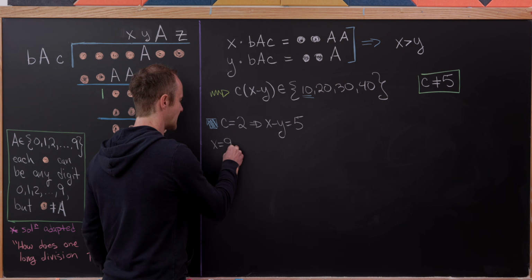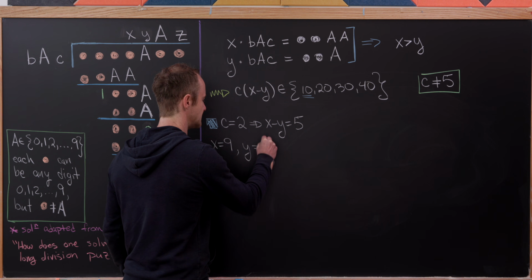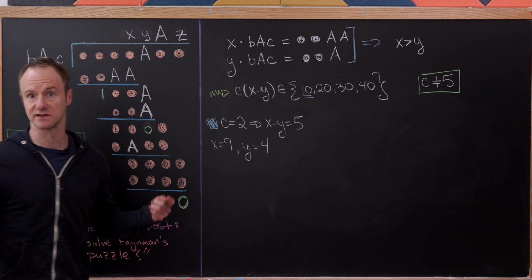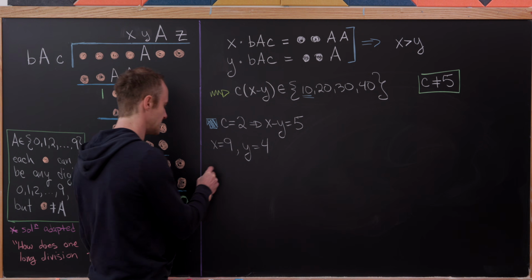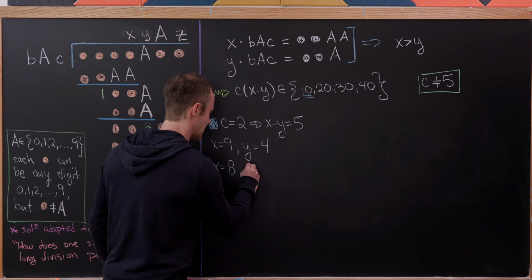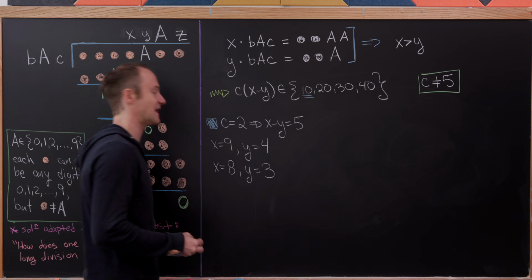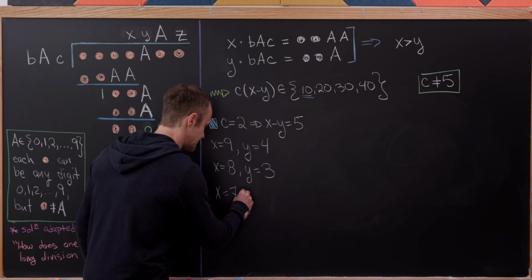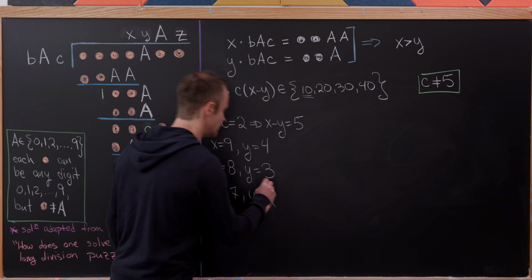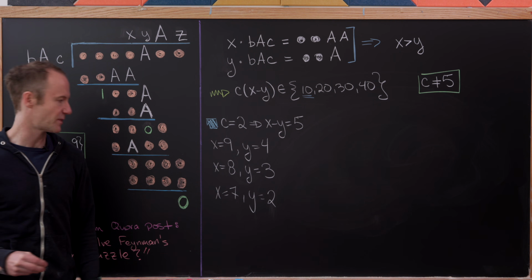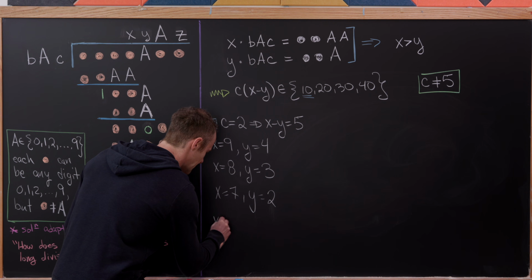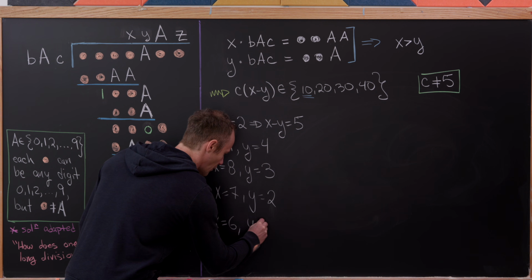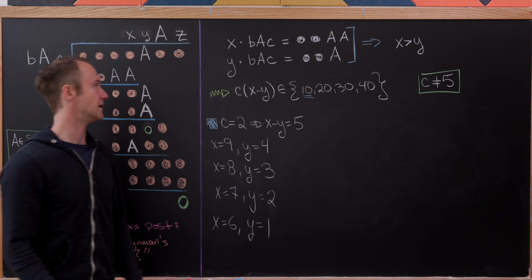So we can have x is equal to 9 and y is equal to 4. That difference is obviously equal to 5. We could have x equals 8 and y equals 3. That's another one of our possibilities. We could have x equals 7, y equals 2. That's, again, another possibility. Or we could have x equals 6 and y equals 1.